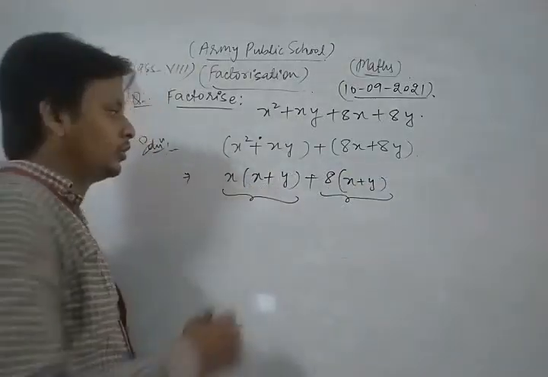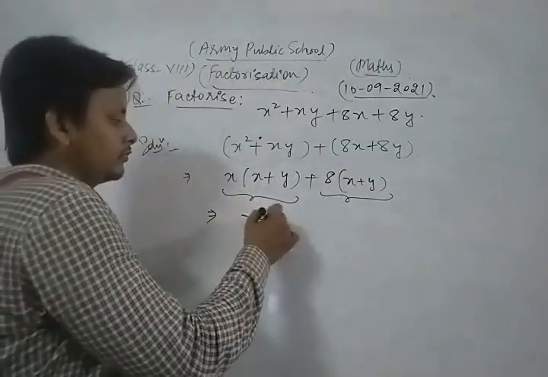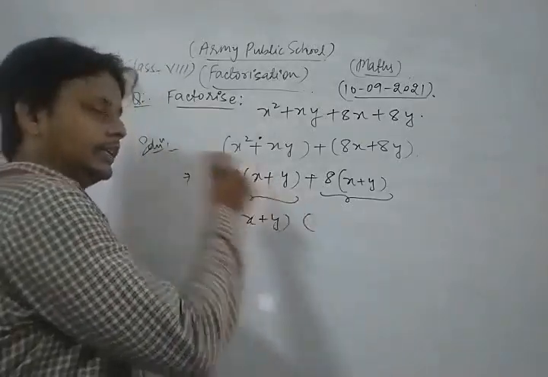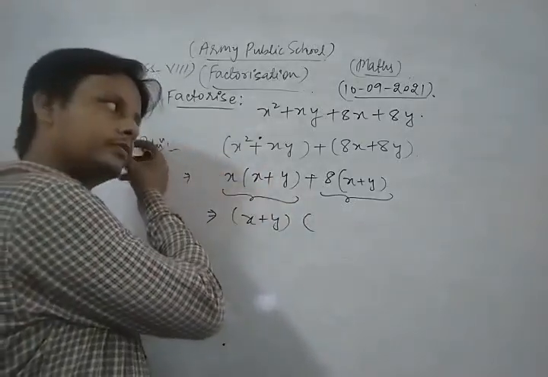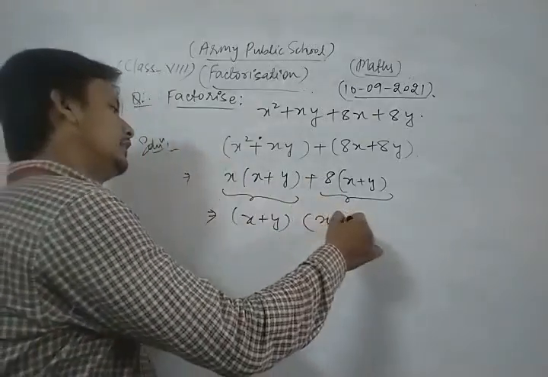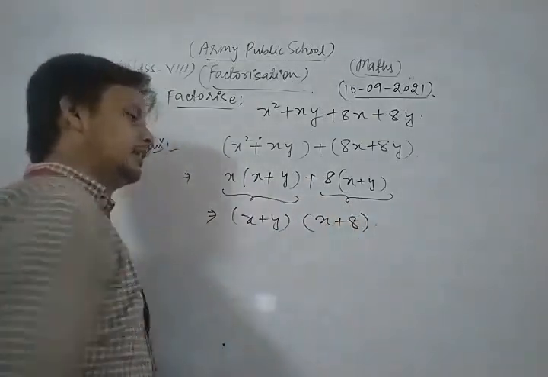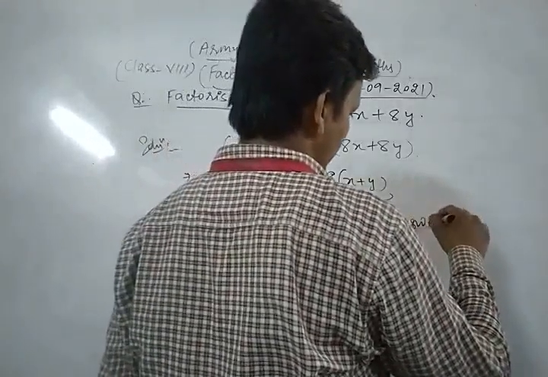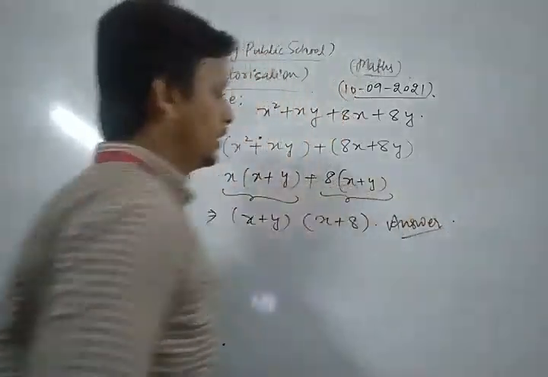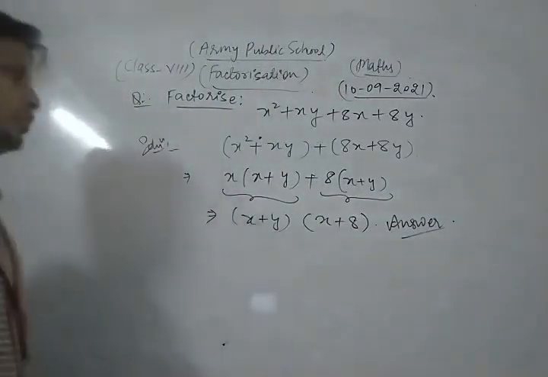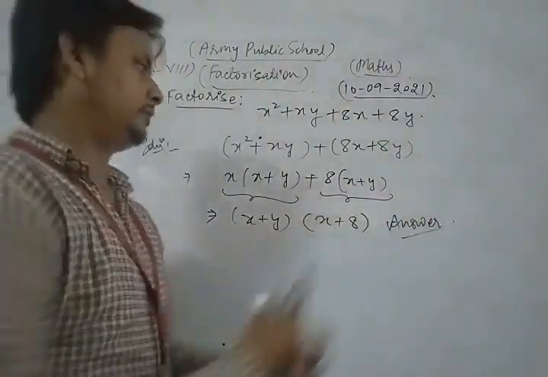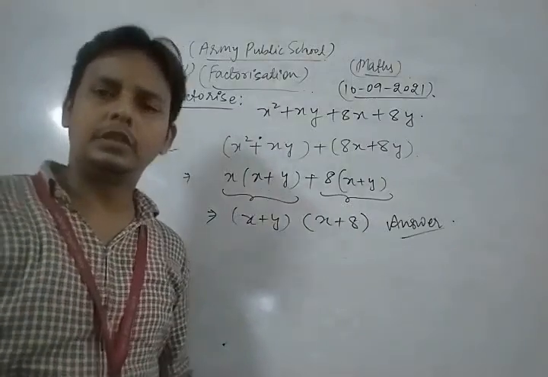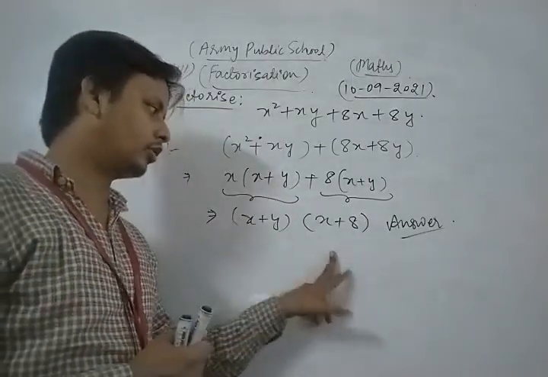So we take x plus y as common, and in the next bracket we have x plus 8. Thus this is the required solution of the given question.